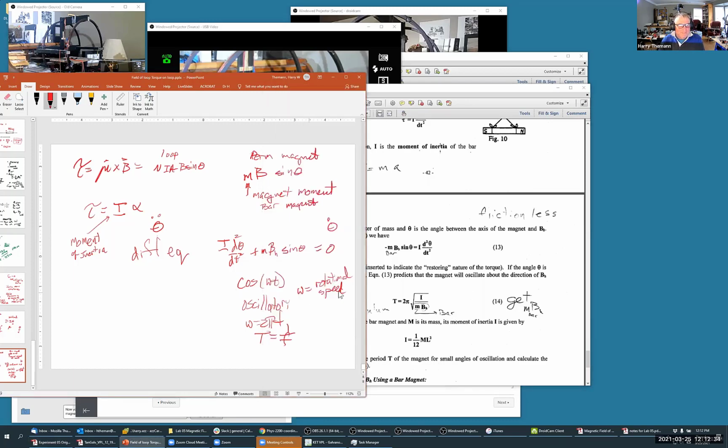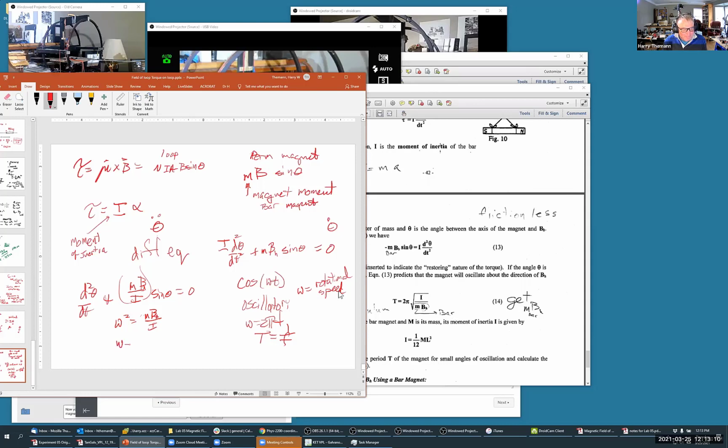So having said all that, you see that equation 14 has, yeah, so I even know how to do this. So you end up with something like this. d squared theta dt squared plus mBh over I sine of theta. And then that means that this here is defined as omega squared equals MBH over I. So these are all the steps they skipped.